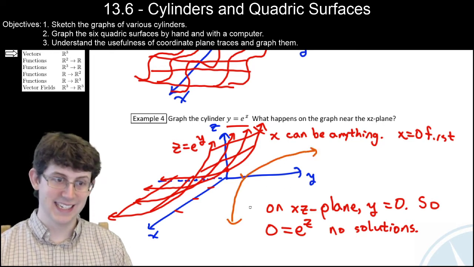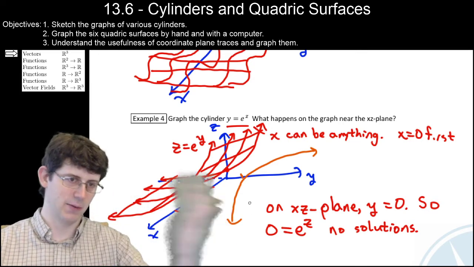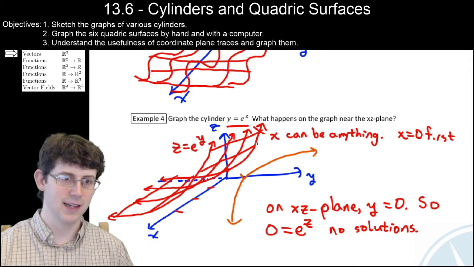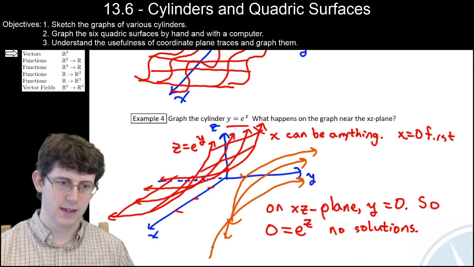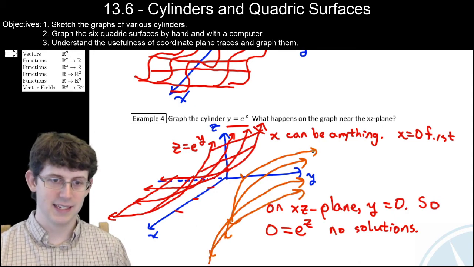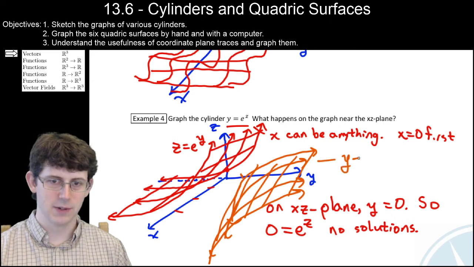Y equals e to the z would be this one, where you switch. If you switch y and z, then you reflect it over the y equals z line. In this case, it's a plane, but anyway, you get a different shape, of course. It's down here. And the xz plane in this case is like an asymptote for this. So this is y equals e to the z.